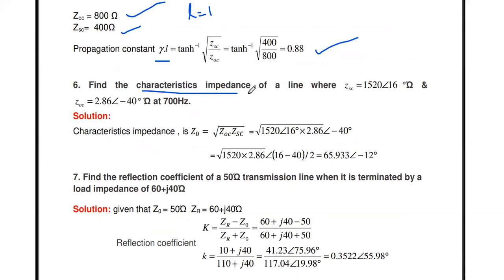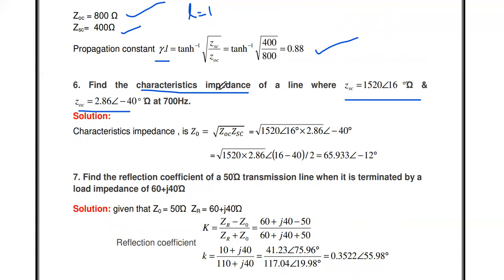Find the characteristic impedance of a line where ZSC is given and ZOC is given at 700 hertz. Okay, so here the short circuit impedance and open circuit impedance values are given in polar form. ZSC equals 1520 with angle 16 degree, and ZOC is 2.86 with angle minus 40 degree.